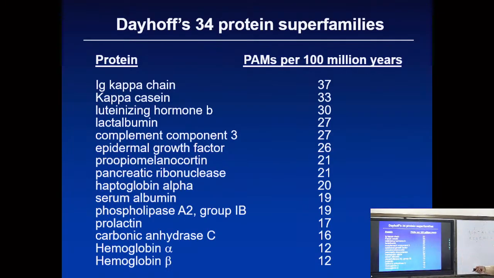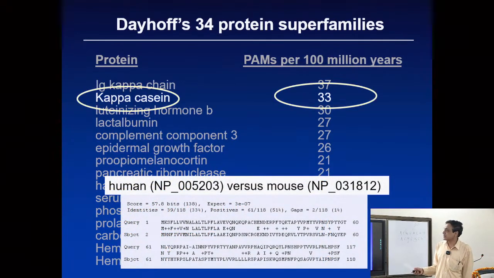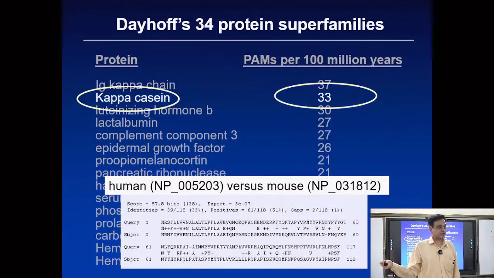I will show you: if you compare the kappa casein that has accumulated 33 PAMs over 100 million years between human and mouse, the percent identity is only 33%. So 67% are mismatches or gaps in the alignment, right? So highly diverse.